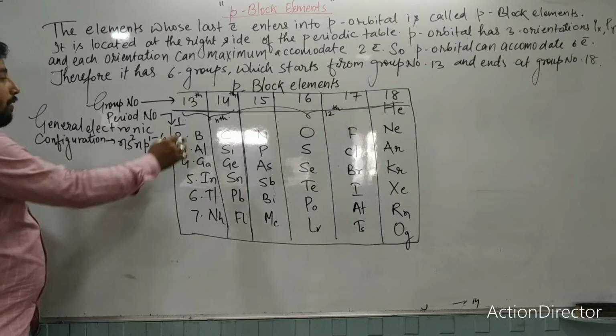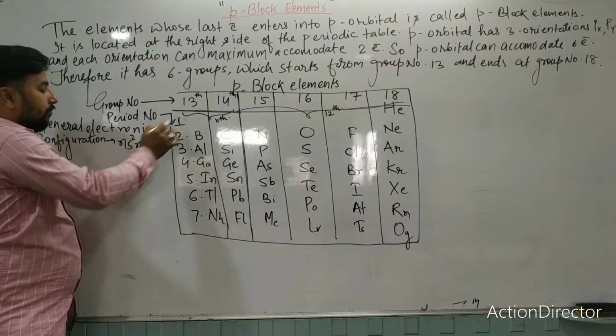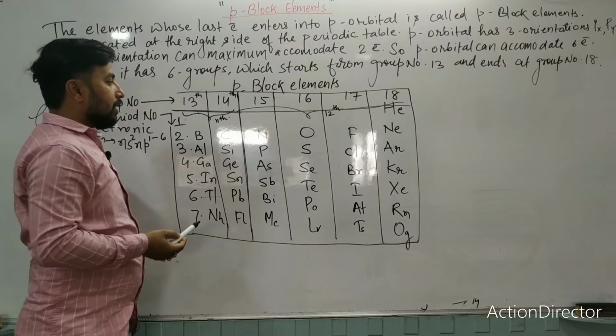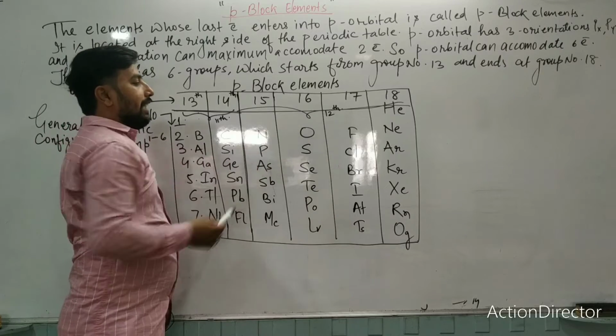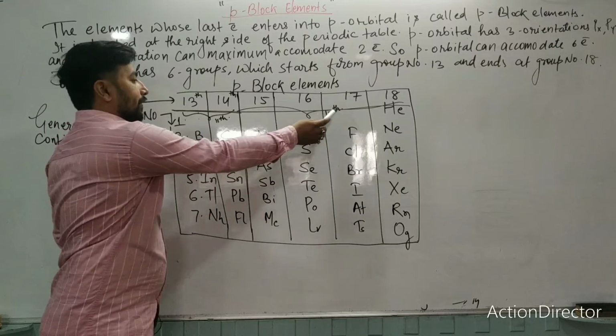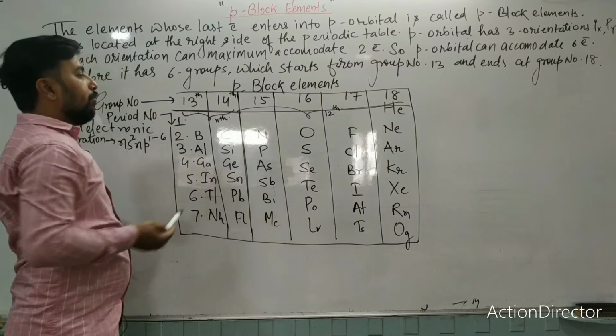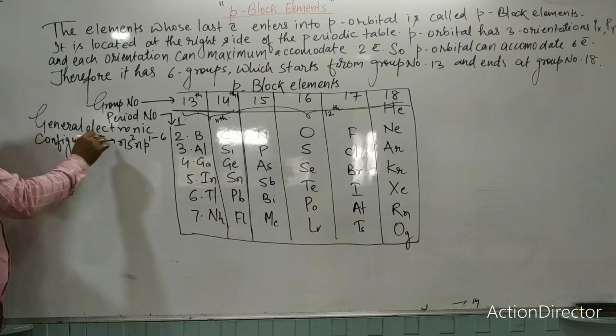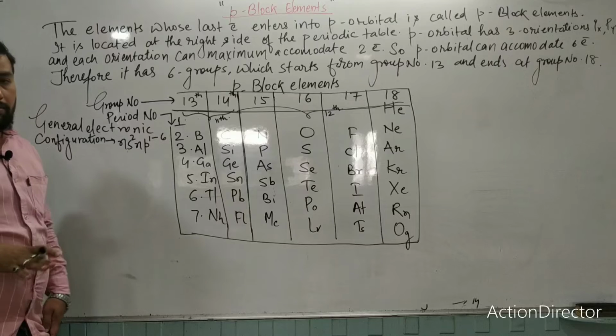Group number 13: ns2 np1. Group number 14: ns2 np2. Group number 15: ns2 np3. Group number 16: ns2 np4. Group number 17: ns2 np5. And group number 18: ns2 np6. This is the general electronic configuration of all the p block elements.